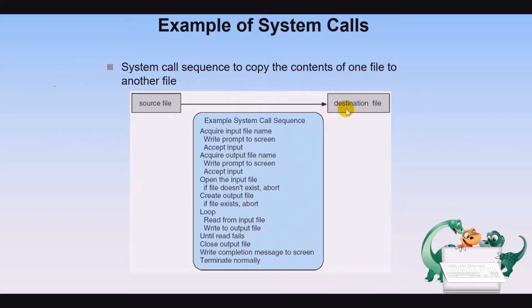That would be converted or translated into a destination file, which is mostly an executable or any other form. In this case, the source file is one file, and the destination file would be the copy of the other file. All right.